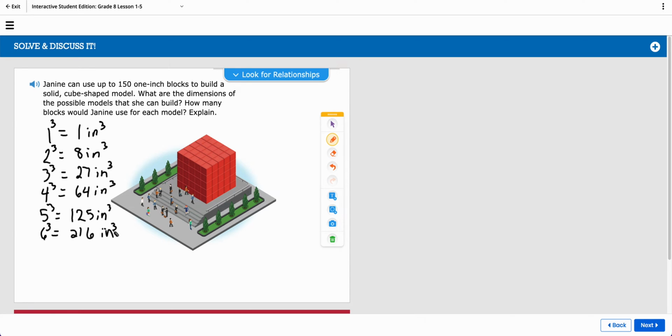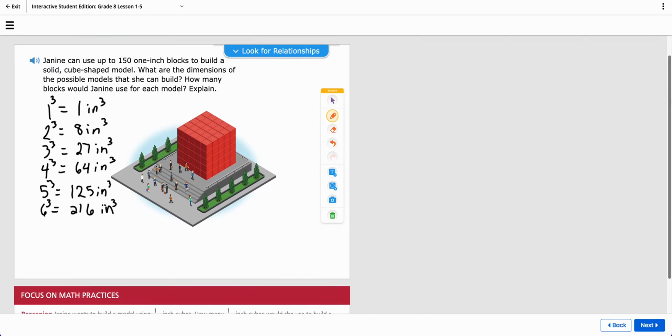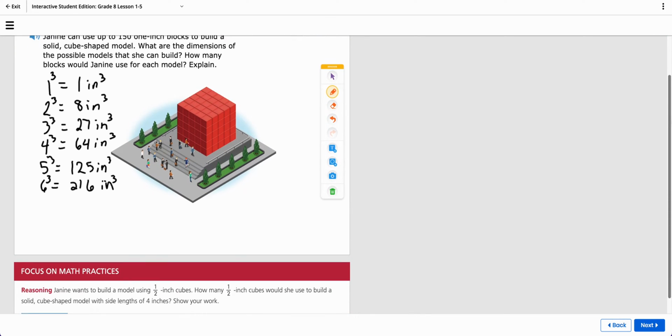Let me scroll down. It says something lower here. Jasmine wants to build a model using 1/2-inch cubes. How many 1/2-inch cubes would she use to build a solid cube-shaped model with side lengths of 4 inches?